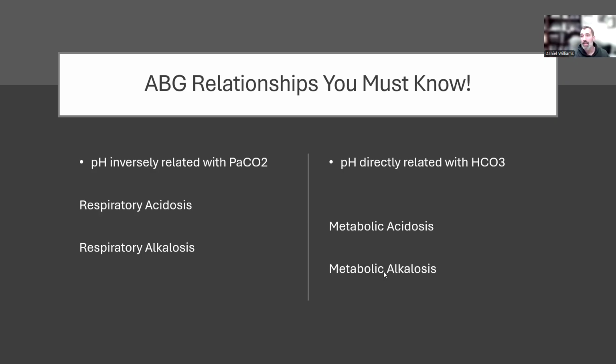If you have a metabolic alkalosis, pH has gone up, bicarb has gone up, and it has taken your pH up with it. Got to know these relationships. And these relationships, you can apply those not only to interpreting the blood gas, but also to help you determine the degree of compensation as well. So we'll continue to look at those momentarily.